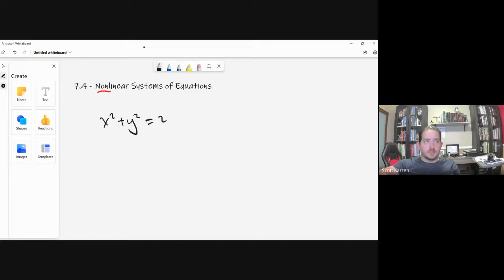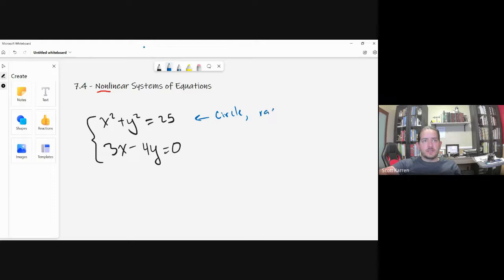If I have x squared plus y squared equals 25, and we're talking about systems, so I would have two equations or more, let's throw another one in there. You might recognize this one to be a circle.